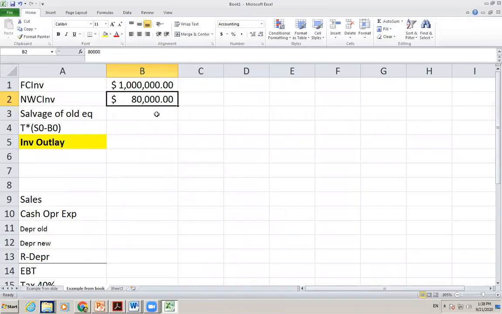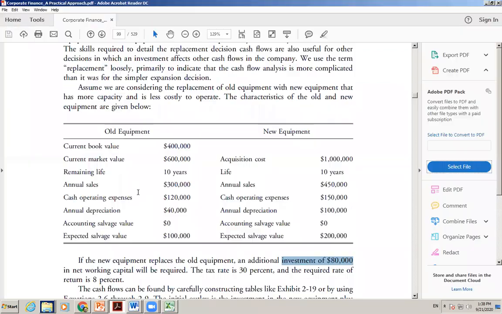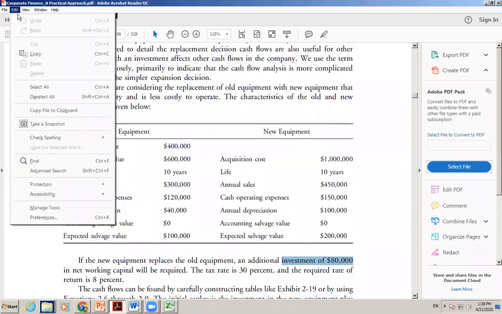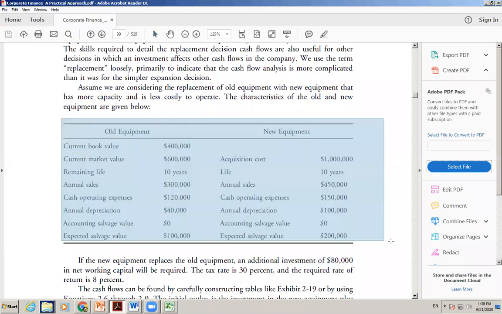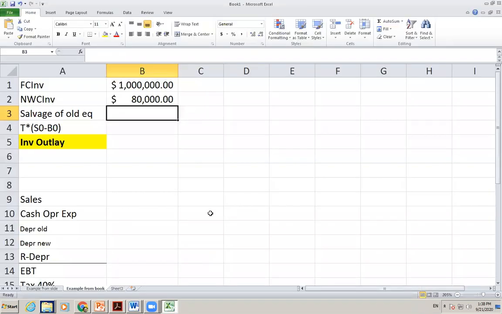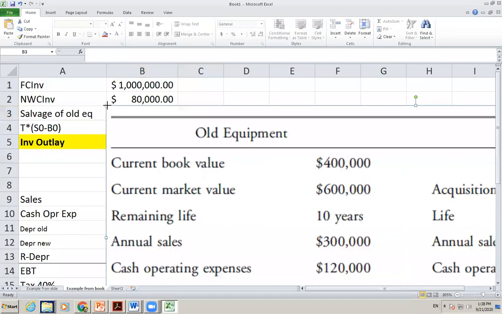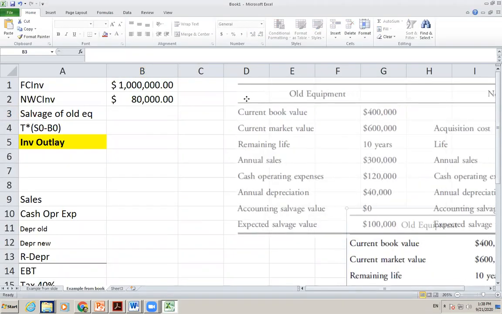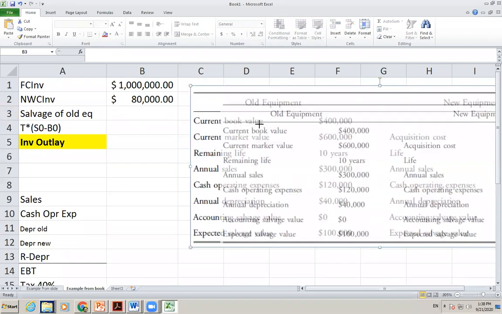Salvage value of old equipment. We are selling it for how much? You know the best thing what I can do here, to take it to the Excel spreadsheet and not returning back. Okay, great. Now can everybody see it?